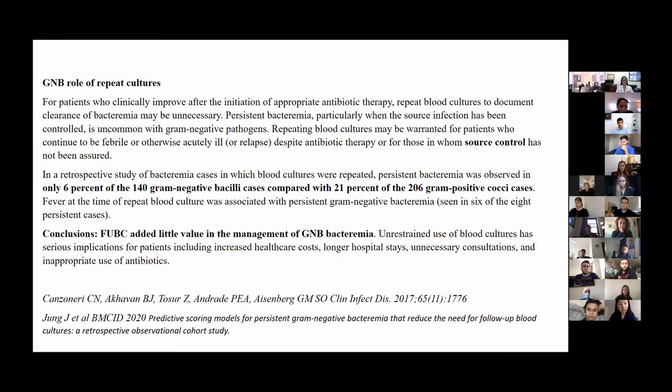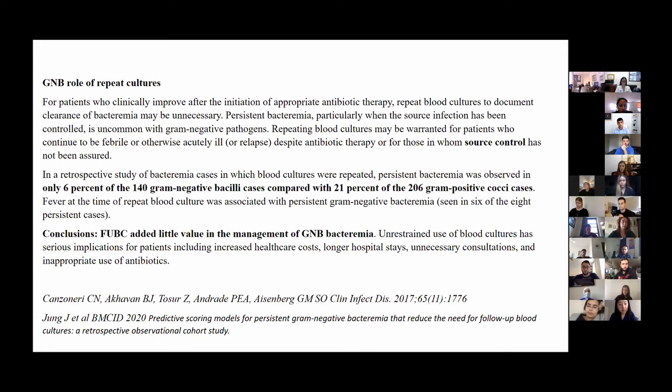And I actually rather liked their conclusion, which is that follow-up blood cultures added little value in the management of gram-negative bacteremia. It increases health costs, longer hospital stays, unnecessary complications, and use of antibiotics.